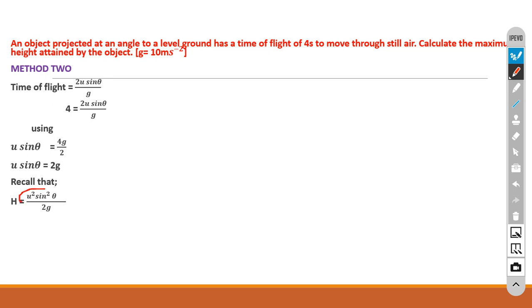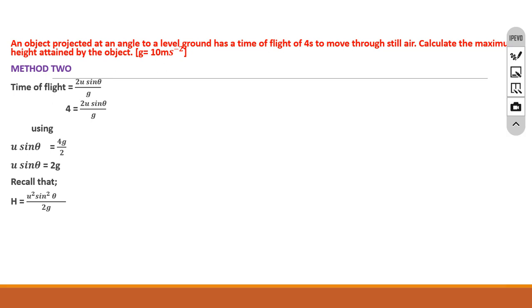This is just like saying u sine theta, squared. So basically, u sine theta is defined to be 2g here, so we are going to replace it with 2g and then square it. I don't know if you're following what I'm trying to say.